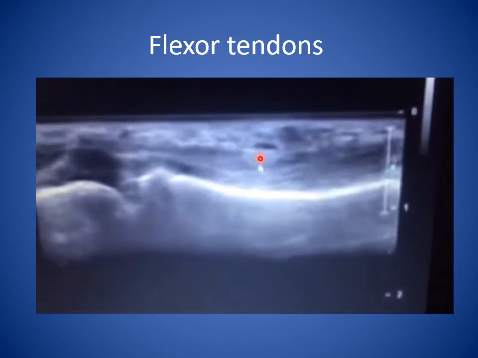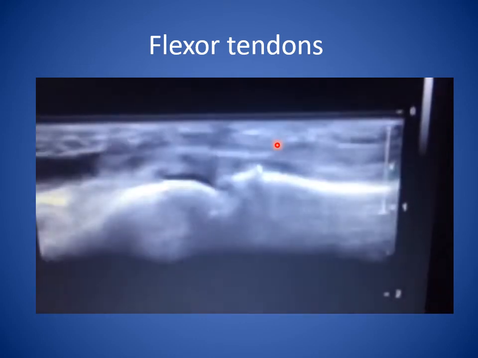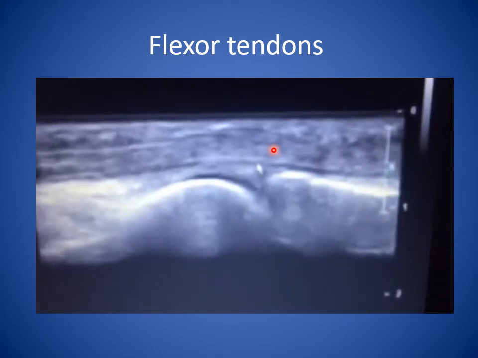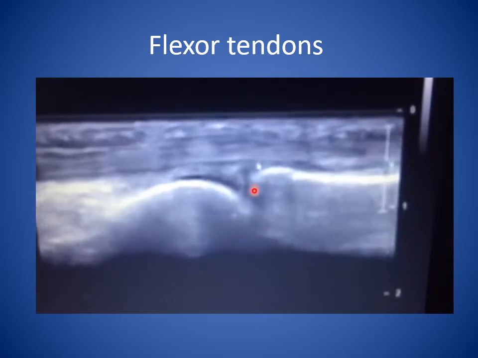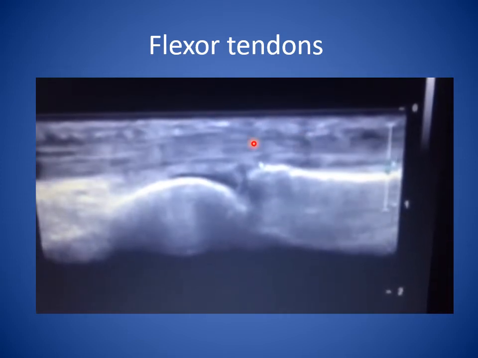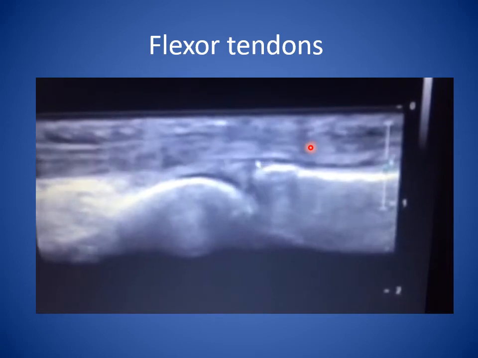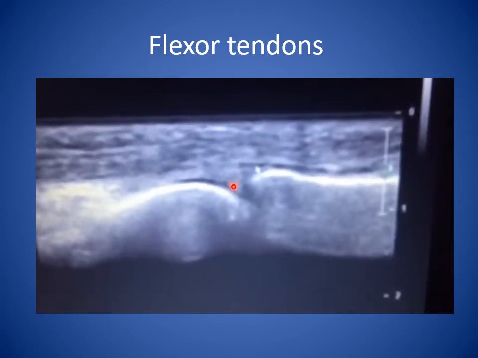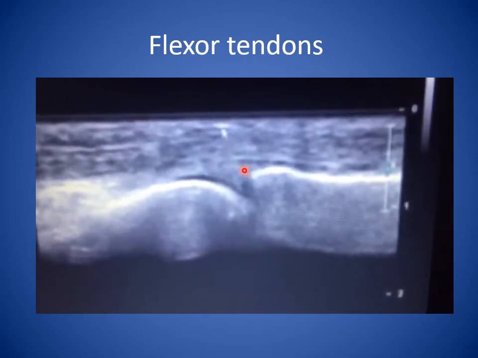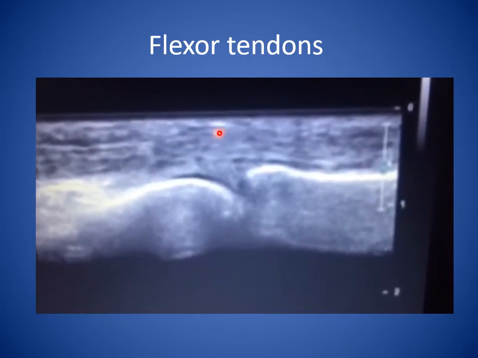These small hypoechoic areas are the site of the pulleys, which is better seen in TS view. This is the volar plate again, and this is a dynamic examination showing the free mobility of the tendon. And this is the site of another pulley.